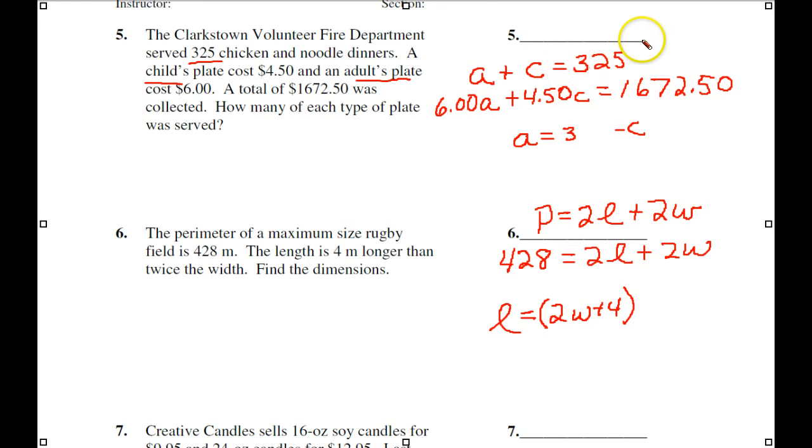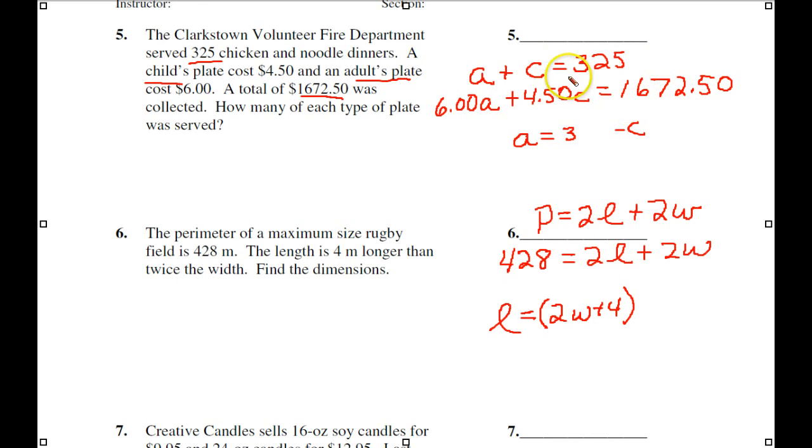Okay, and then they took in this amount of money. So, as we look at this, then, what does the adult plate cost? $6. So $6 times the number of adults that were there, and then the child's $4.50 times the number of children that were there, gave you a total of this.